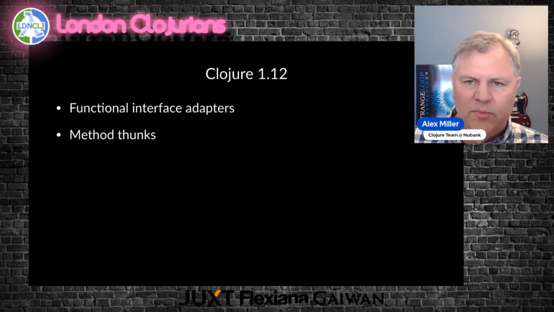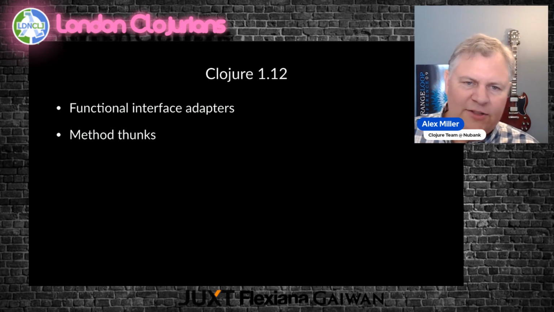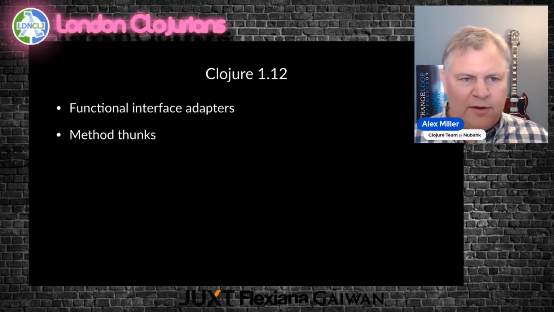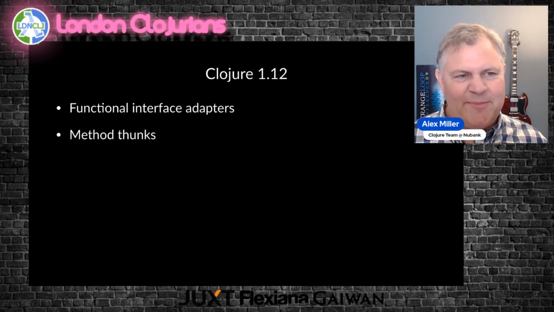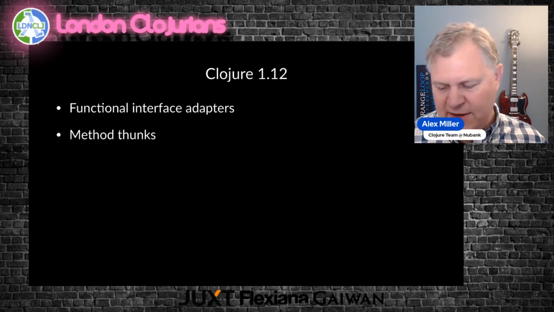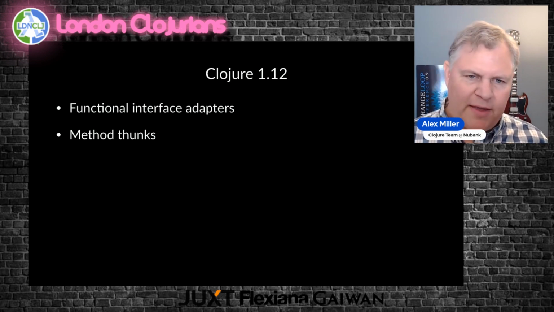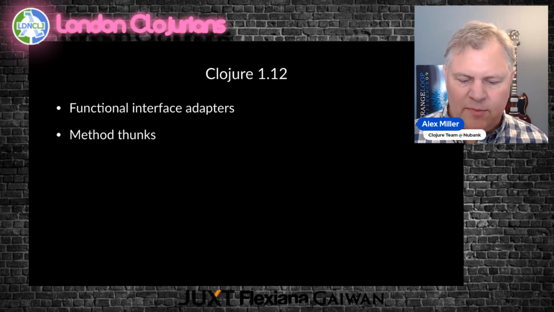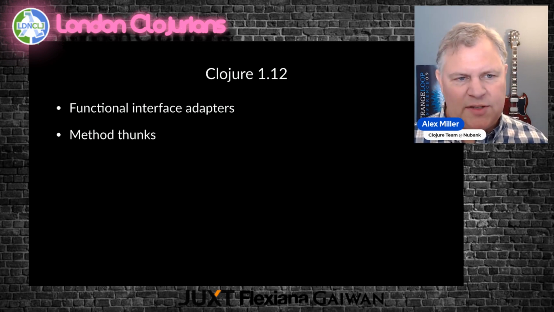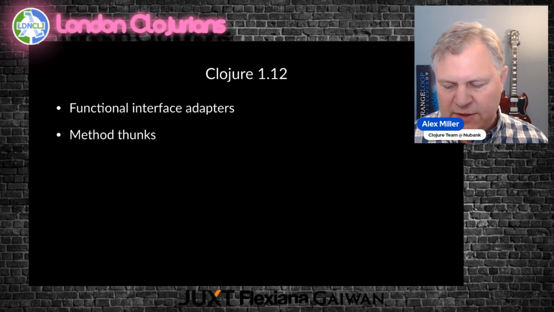And just some preview of coming attractions. Two things that are adjacent to the stuff in this talk that are probably coming in 1.12. We're trying to finish them up. The first is functional interface adapters. One of the big interop things that has gained some prominence in the last few years is being able to use Java functional interfaces.